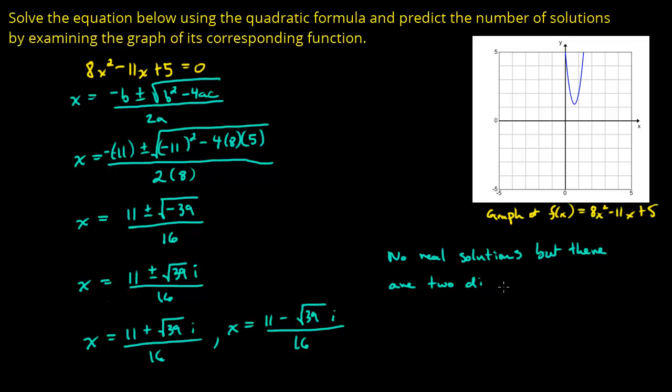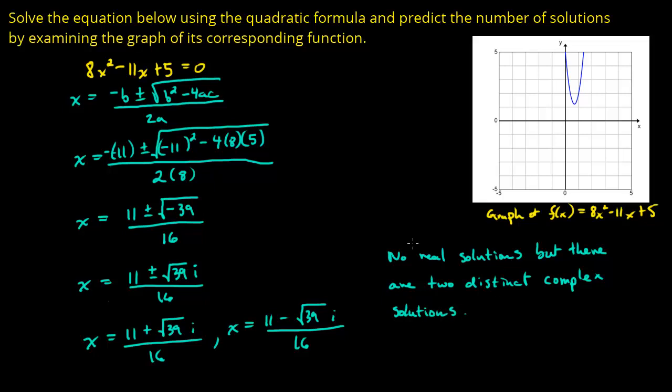Distinct just means two different. We should say complex. These are not imaginary numbers. These are complex numbers because they're written as the sum of both a real part and an imaginary part. So no real solutions, but there are two distinct complex solutions.